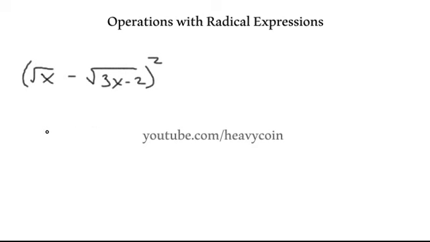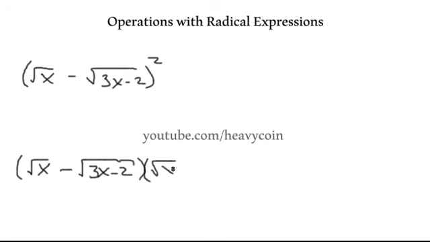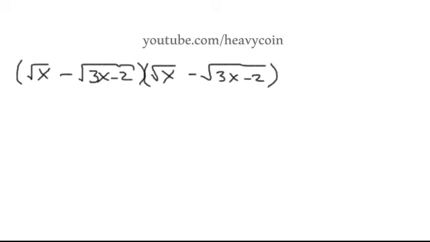And we want to multiply all that out. So we're going to have to rewrite. I'll rewrite it down here. The square root of x minus the square root of 3x minus 2. Now because there's 2 of them, right, we're going to write it all out. Minus the square root of 3x minus 2. Okay, now we're going to multiply this stuff out.